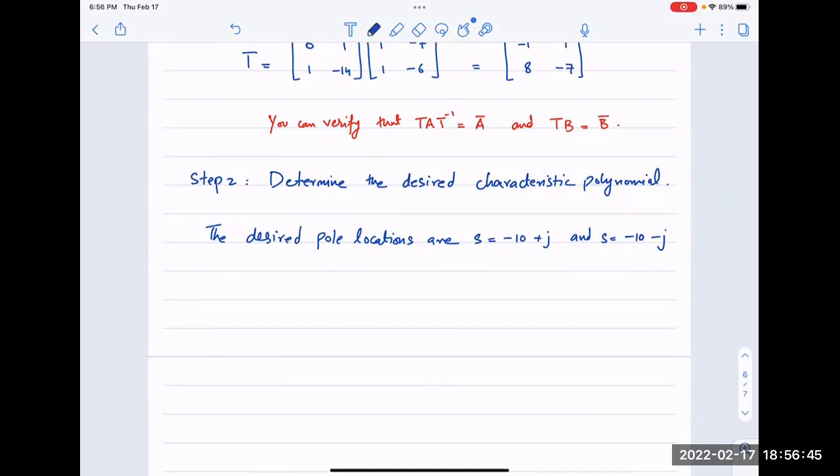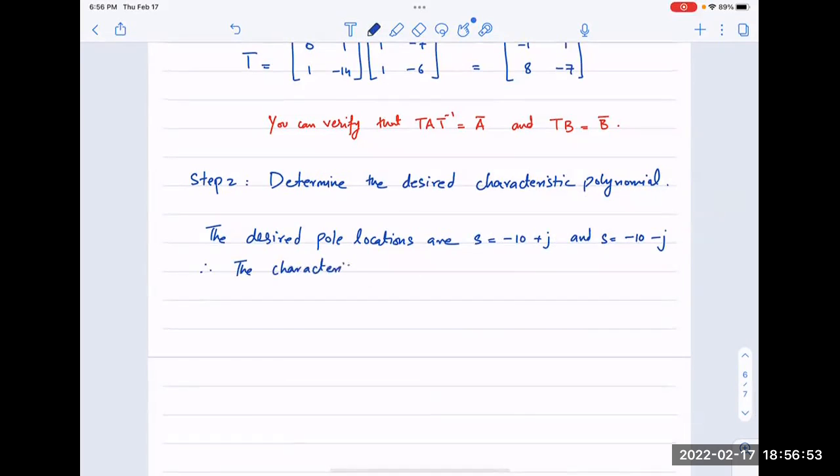Therefore the characteristic polynomial is actually (s plus 10 minus j) times (s plus 10 plus j).